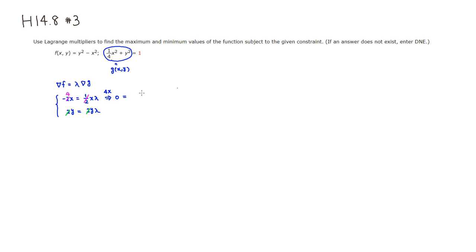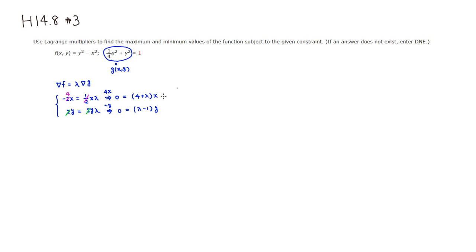So 0 is equal to 4x plus lambda x, and I'm going to write it as 4 plus lambda times x. Then here, I'm going to subtract y, so 0 is equal to lambda minus 1 times y.